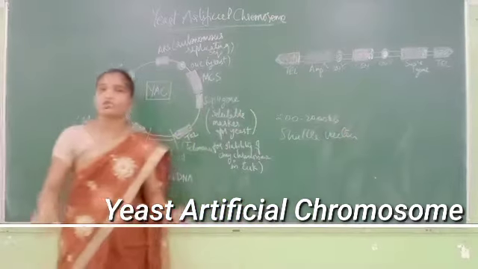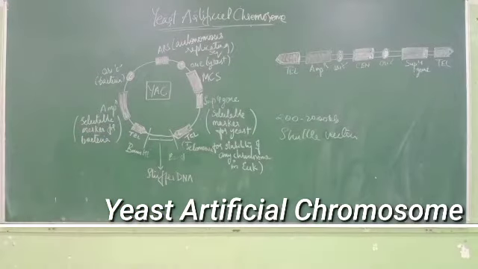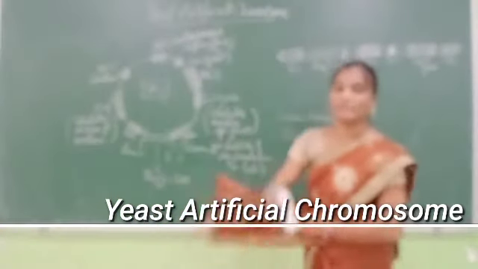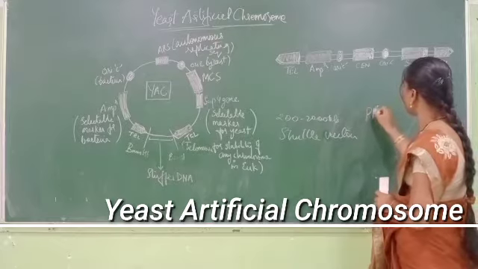These are vectors designed as an improved model of the plasmid vector pBR322.